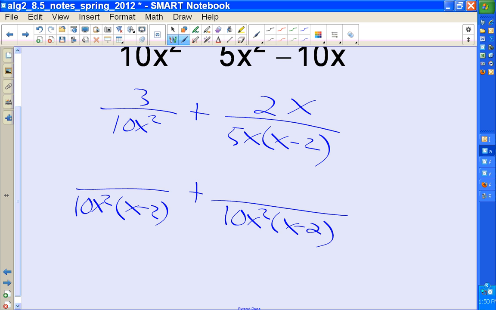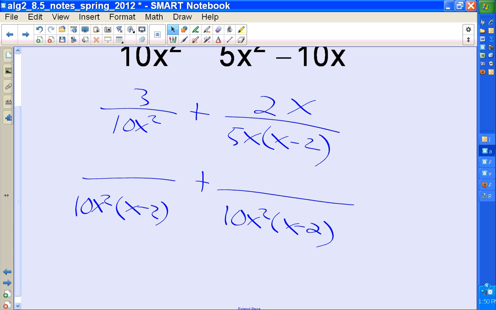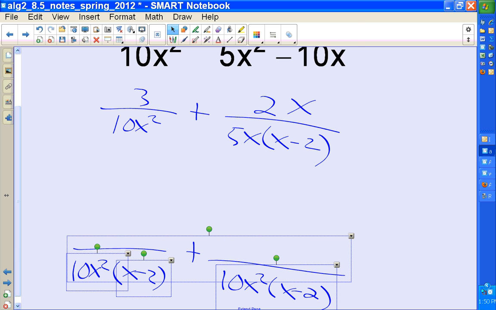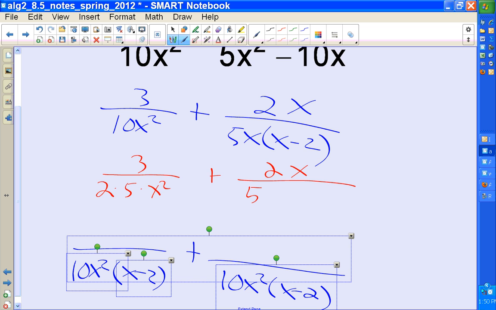I can show you something different if you're not seeing that LCD. The 5x didn't go away. So, Jane, in the LCD, you have to have a 2, right?